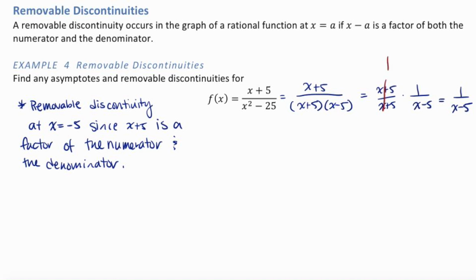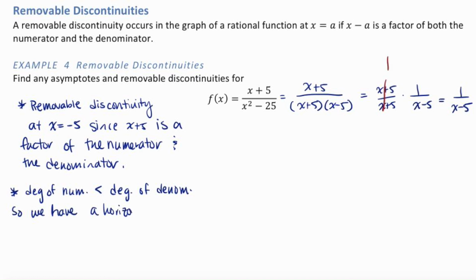Do we have any horizontal asymptotes? Well, the degree of the numerator is greater than or less than the degree of the denominator. It is less than the degree of the denominator. This tells me we have a horizontal asymptote at y equals 0.